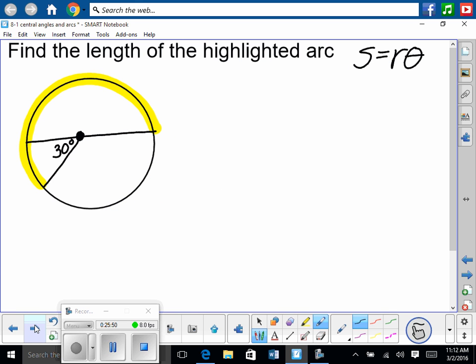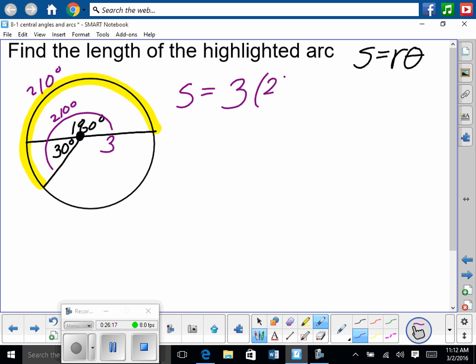Let's do this one. Find the length of the highlighted arc. We have 30 degrees here, and what would this angle be? 180 degrees. Let's figure out the total here: 210 degrees. So isn't this arc 210 degrees? We know that the length of the arc is our radius, which is 3, times theta, which is 210.